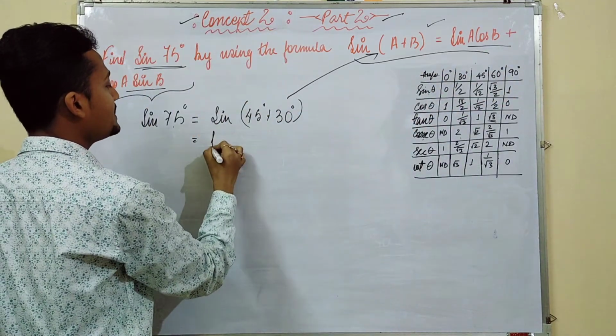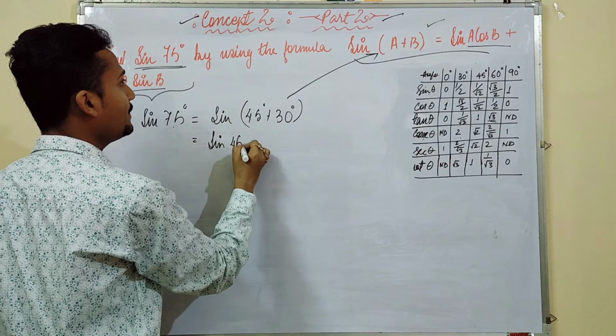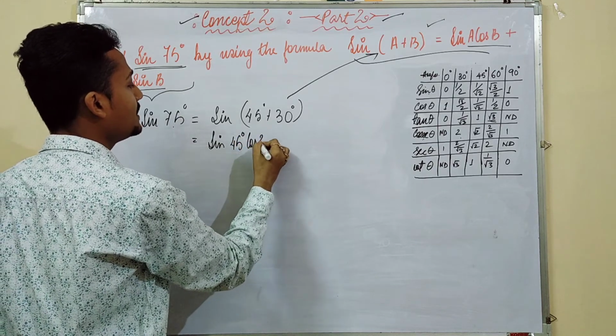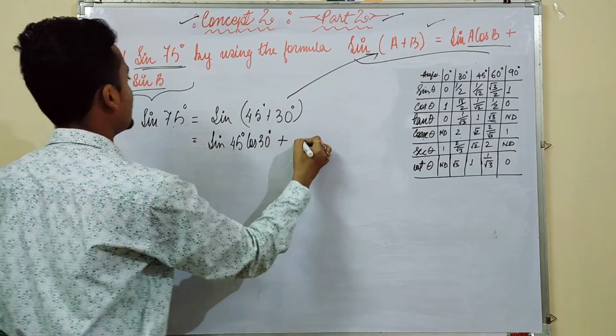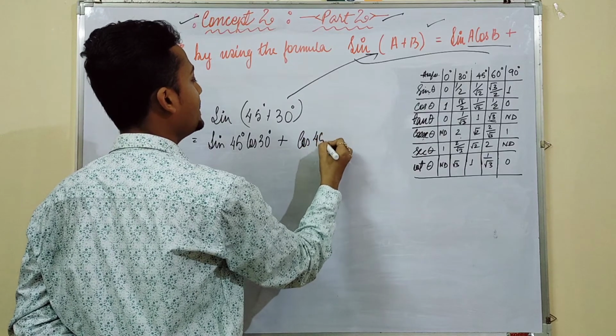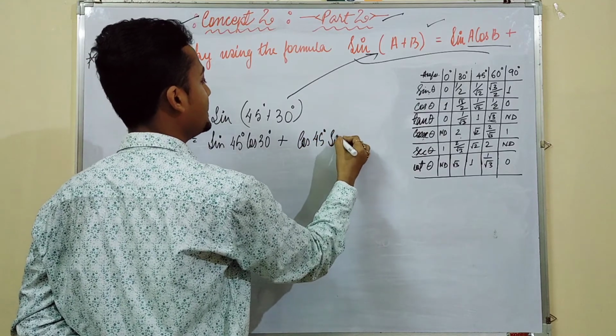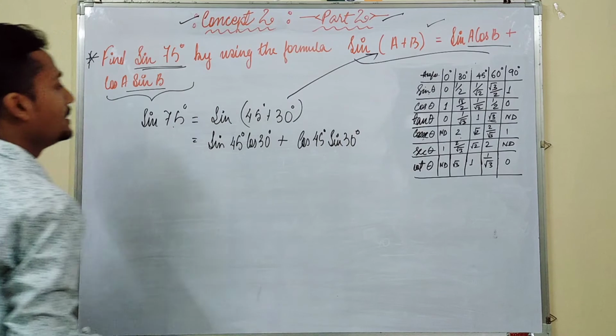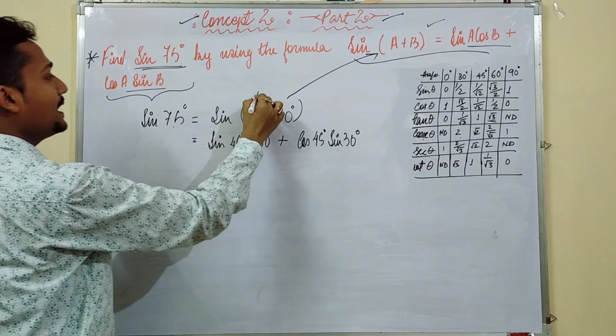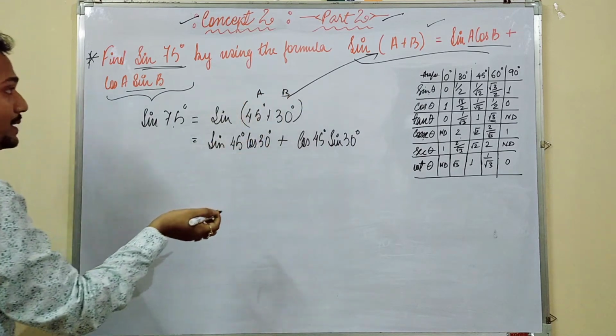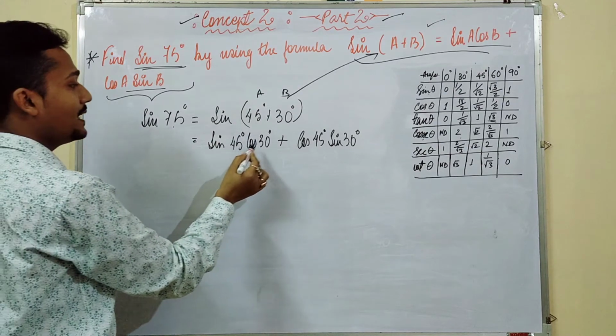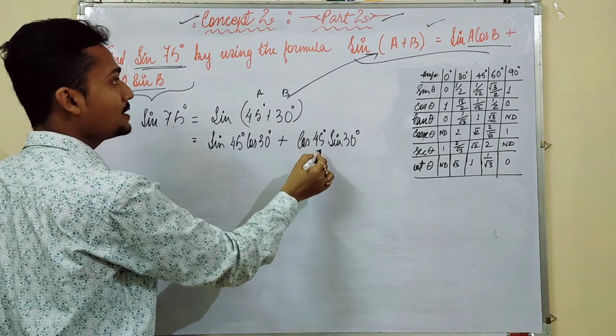So it will be sin 45 degree cos 30 degree plus cos 45 degree sin 30 degree. See carefully, this one is A and this one is B. If we take it as A and B, then sin A cos B plus cos A sin B.